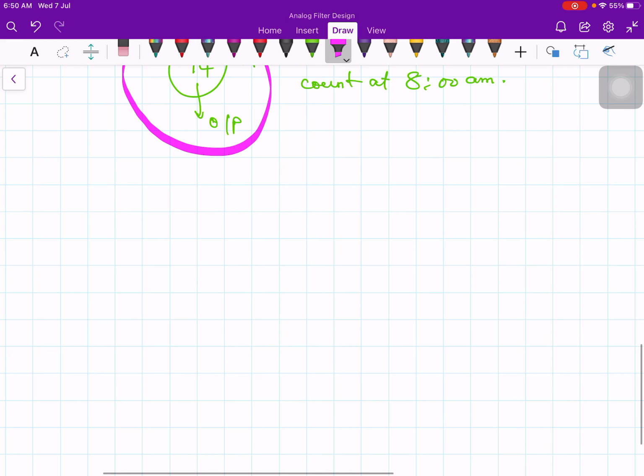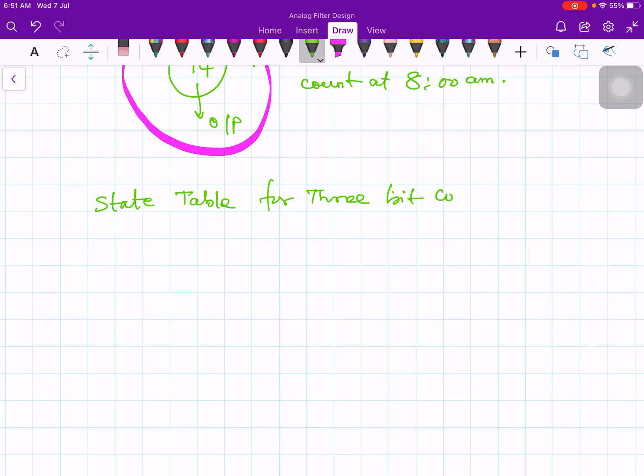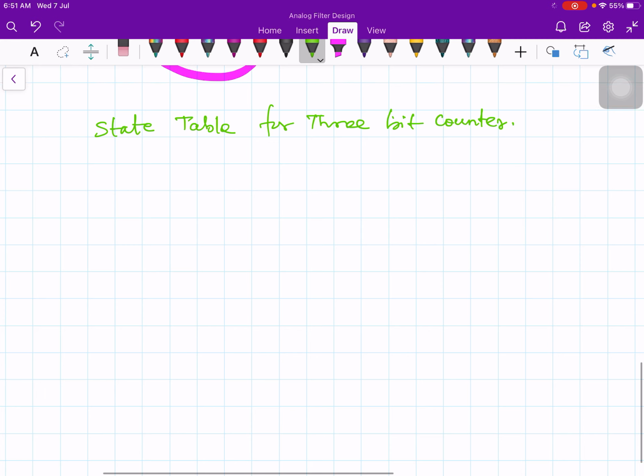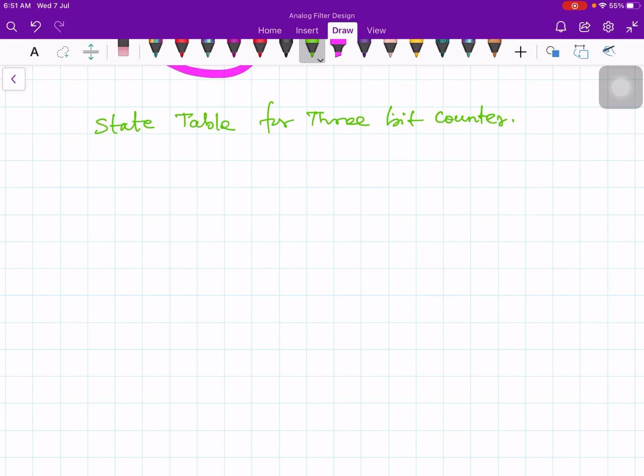Now let us form the state table for this 3-bit counter. Now there are 3 bits, right? Therefore I need 3 flip-flops. So let me denote those flip-flops as A2, A1 and A0. Now you start with the present state, let me write it properly.